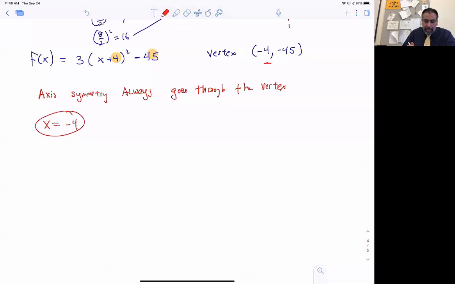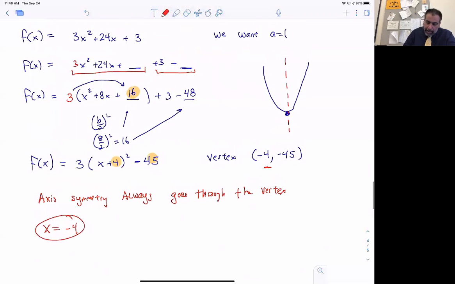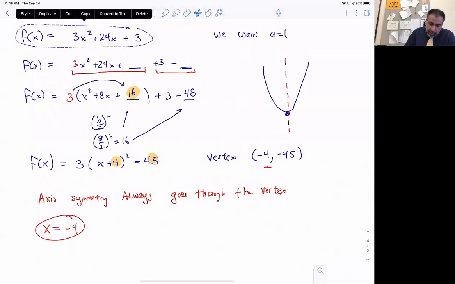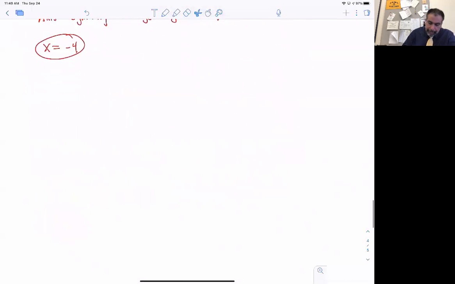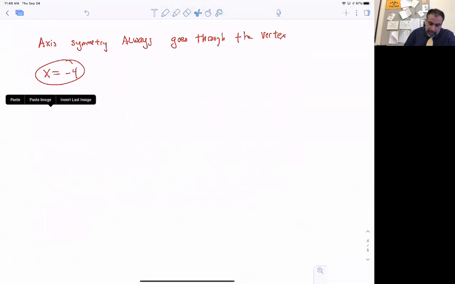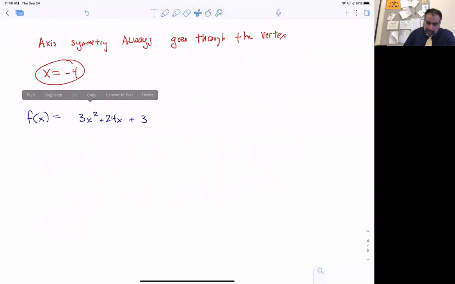If you go back to the other way of finding a parabola's vertex that we talked about in the last video, let's just revisit that really quickly here. If we take a look at that parabola again, that 3x squared plus 24x plus 3, remember that you can find the vertex by using the formula x equals negative b over 2a.